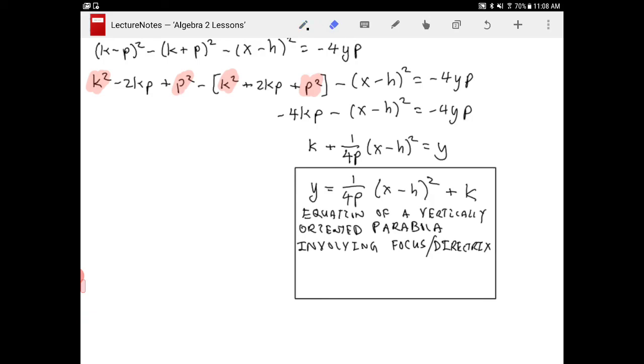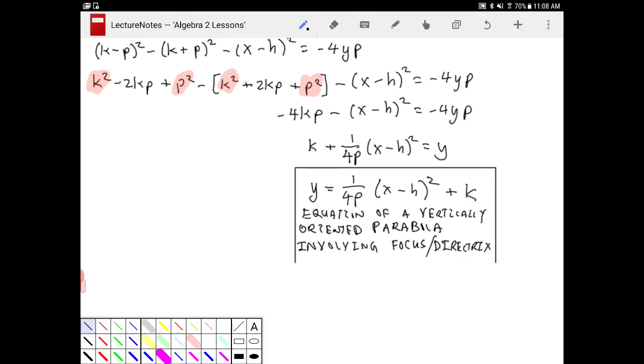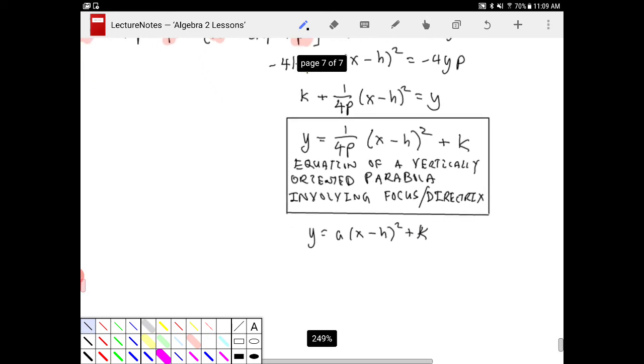And if I may, maybe just take another 10 seconds to ask you to make a comparison. Do you see similarity between this equation and this equation? I hope you do, because this is just the equation of a parabola in vertex form.